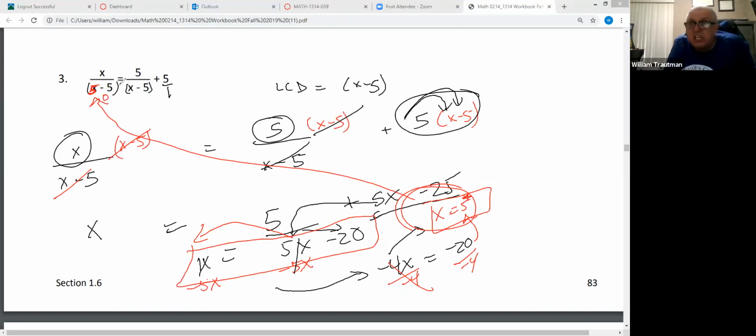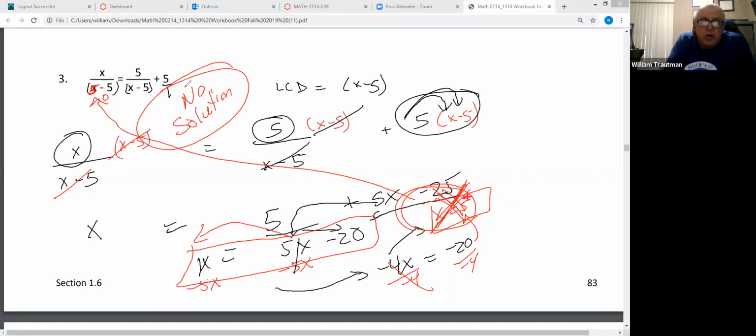It turns to 0. Remember the domain, the bottom cannot equal 0. So even though we got an answer of 5, 5 is not a good answer. So you put a big X through it and say, oh, if 5 doesn't work and we don't have any other answers, there is no solution. There are no other answers. The book says empty set.